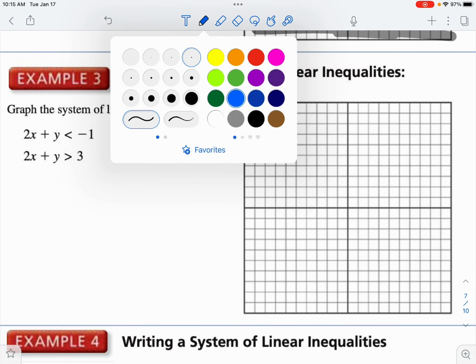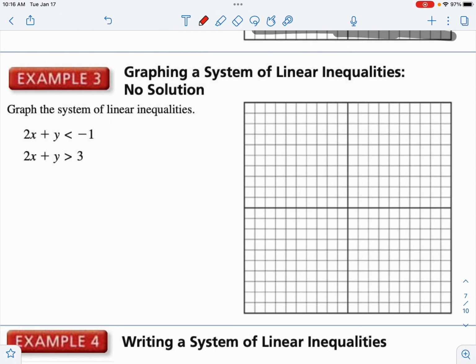Okay. Let's graph these. So first one I'll do in red. This one's going to be dashed. And I'm going to get y by itself. So subtract 2x. It's going to be y is less than negative 2x minus 1. So that boundary line is y equals negative 2x minus 1. So negative 1 down 2 and to the right 1.